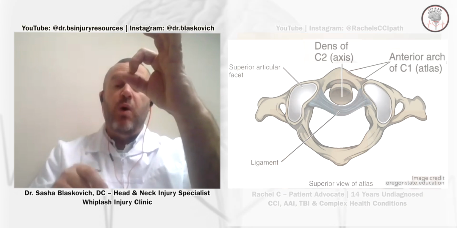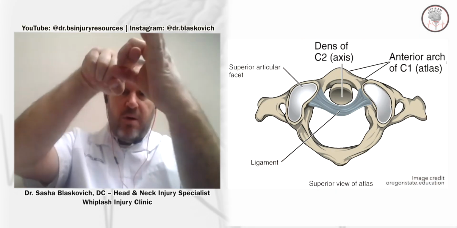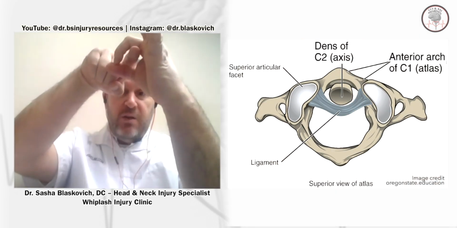For example, one of the more common ones that we see is when they do what's called an axial slicing, so you're actually looking into the spinal canal. At the top of the neck, you've got the ring that belongs to C1, and then there's a peg from C2 that's supposed to be dead center in that ring.